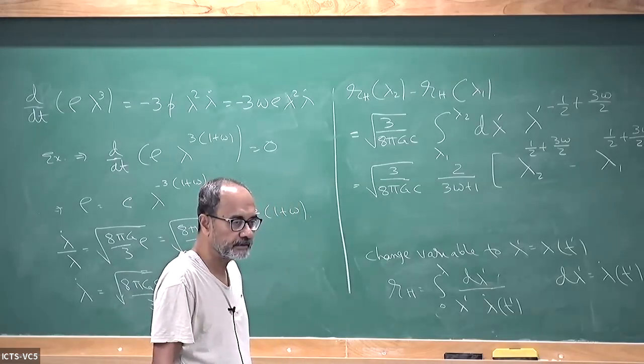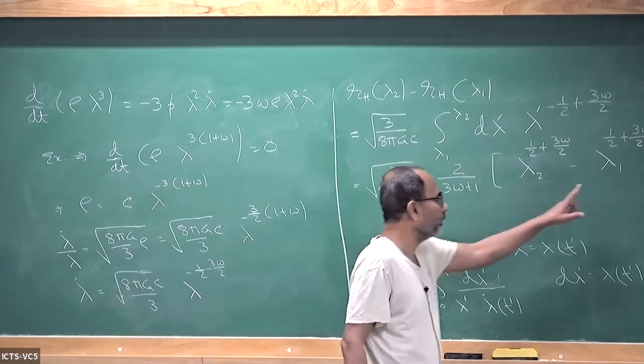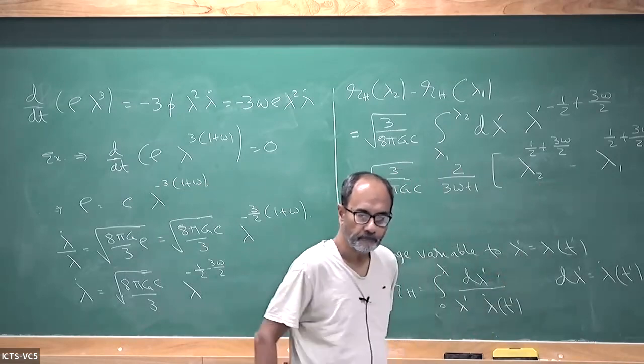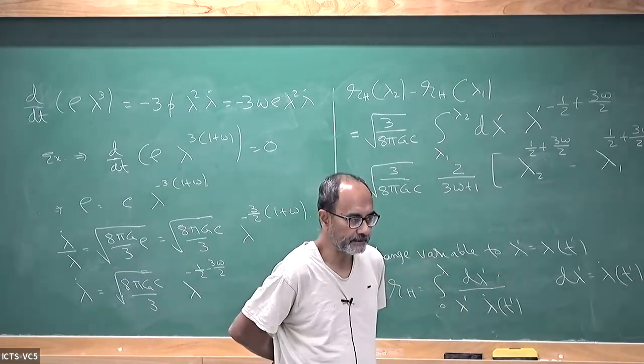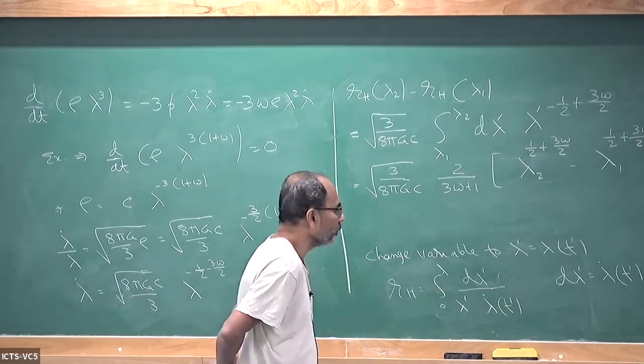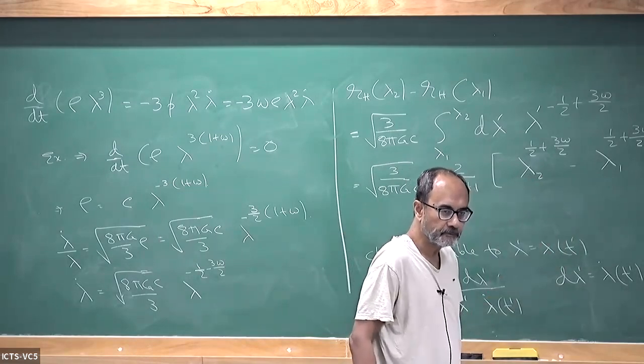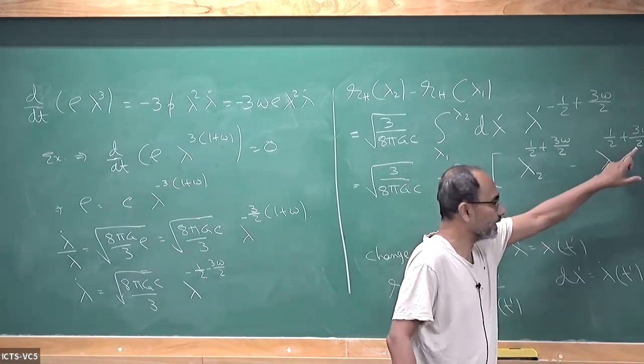Is this clear? Now lambda 1 and lambda 2 are both small because it's happening in the early universe. So if lambda 1 and lambda 2 are both small, this quantity will be small as long as this exponent is positive.